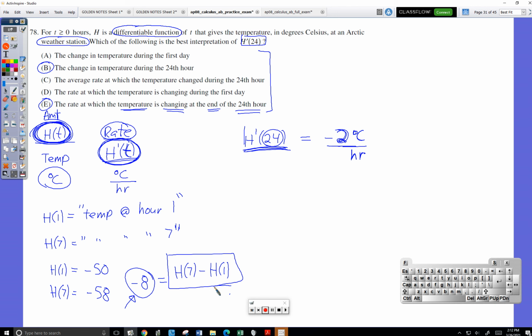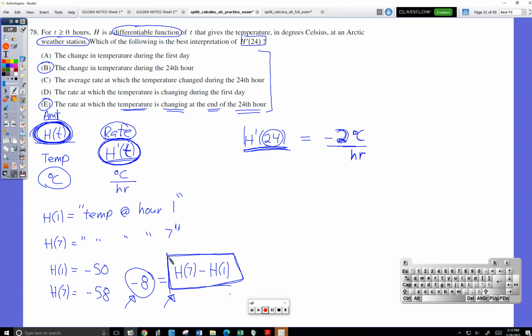Okay. Let's talk about a couple others real quick, though. So we already talked about how this is showing you a change in temperature, right? Awesome. Okay, both of you got to recognize this because it's going to show up on the test. You have to recognize that this right here is equal to something else because of the fundamental theorem.